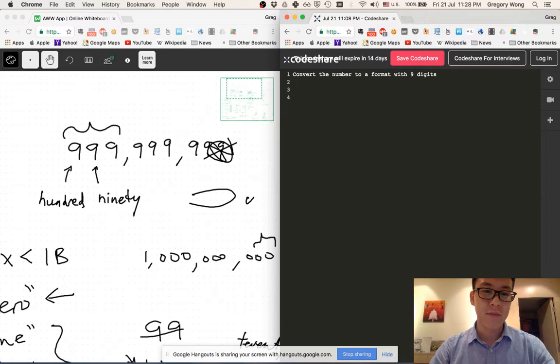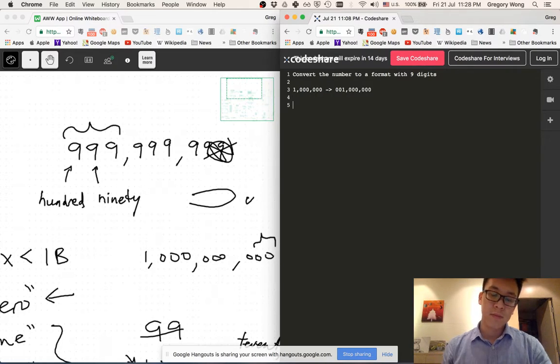If it has fewer than 9 digits, then I'll prepend zeros so that it's 9 digits. Let's say 1 million would be this, and then I would split it into groups of 3.